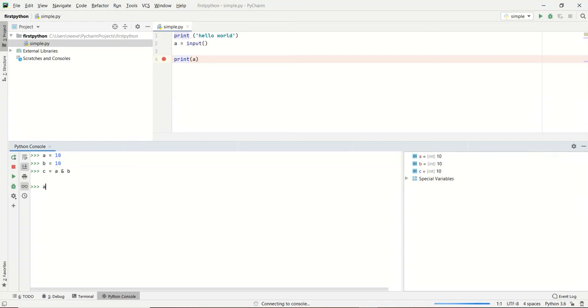For example, a equals maybe the hex 17, and then we can do the AND operation. c equals a AND 1, then the output will be 1.